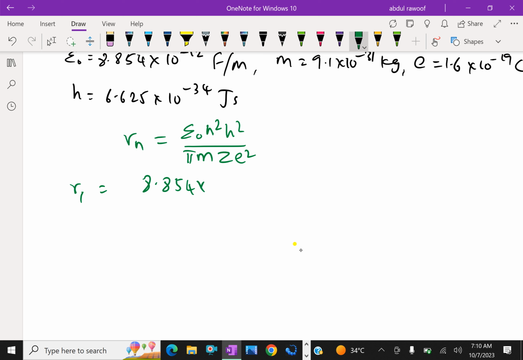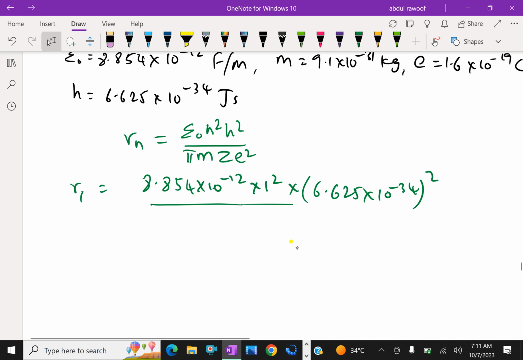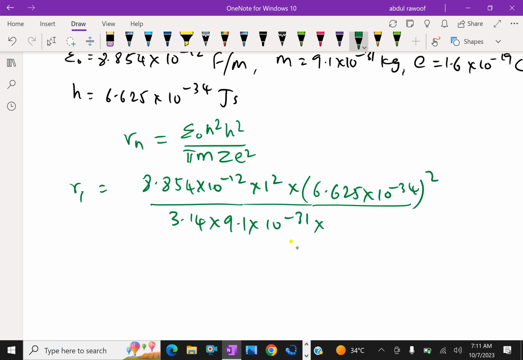8.854 into 10 power minus 12, 1 squared, Planck's constant h equal 6.625 into 10 power minus 34 the square, over pi 3.14, and mass of an electron is 9.1 into 10 power minus 31 kg, and z equal to 1.